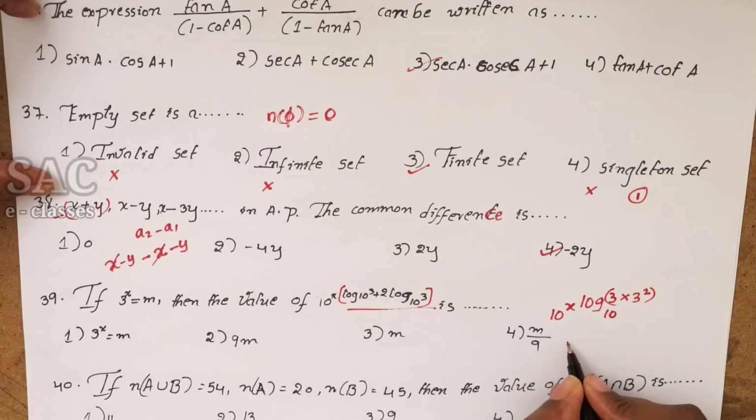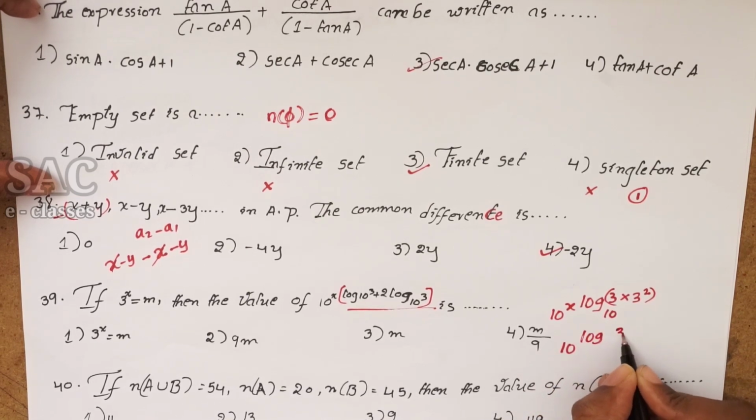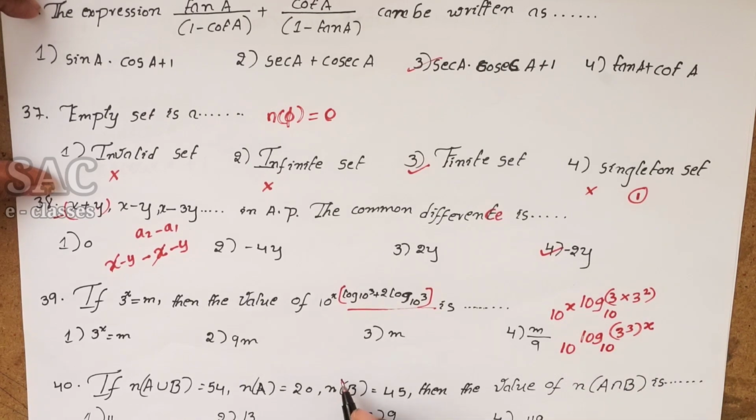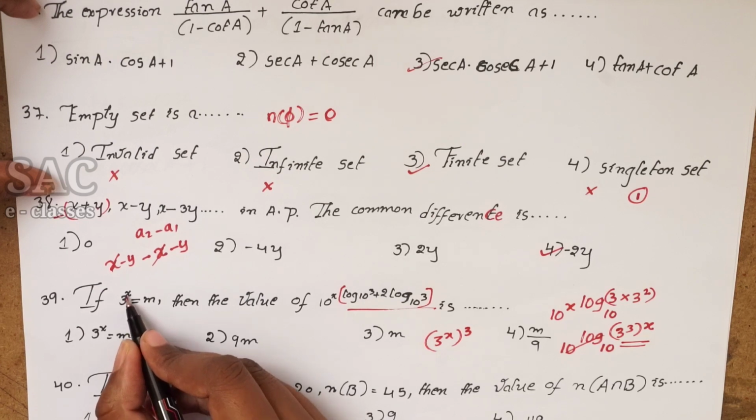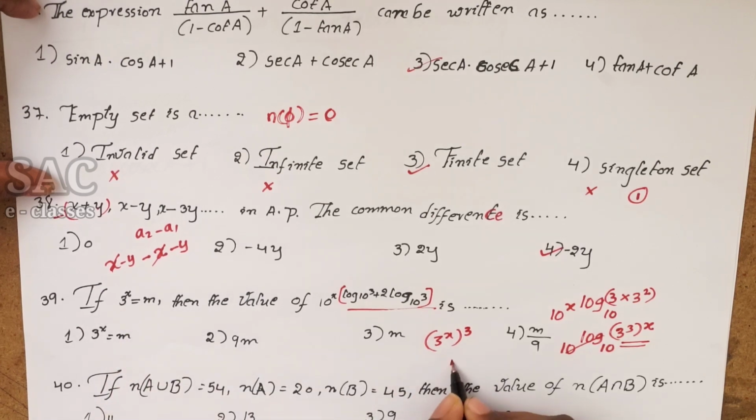You can write it as 10 to the power of log 3 cube whole power x to the base 10. Now you can write log 10 and this one is getting cancelled, only we will get 3 power x whole cube. Then 3 power x is equal to m, then the answer will be m cube.